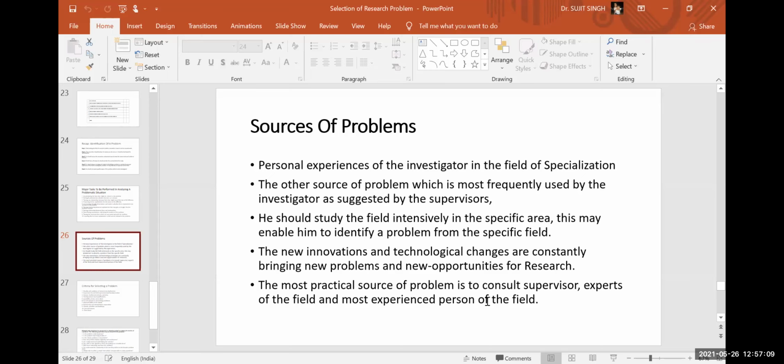The most practical way is to consult an expert in your known area, if you have chosen an area, or consult a supervisor. Right now you don't have any supervisor, right? Okay, no one is assigned. What is the process of supervisor assignment here?